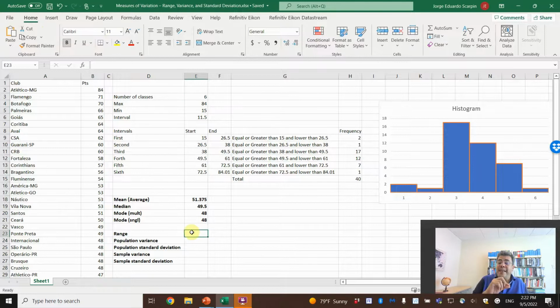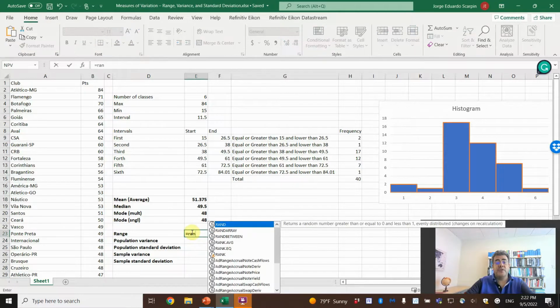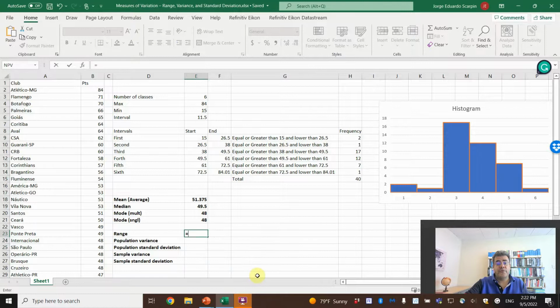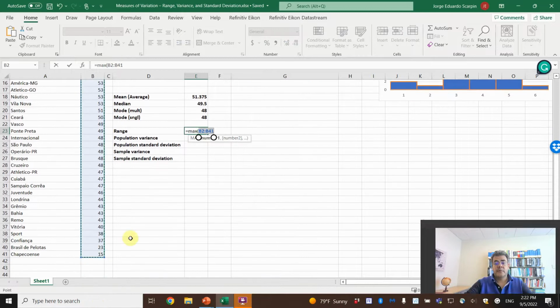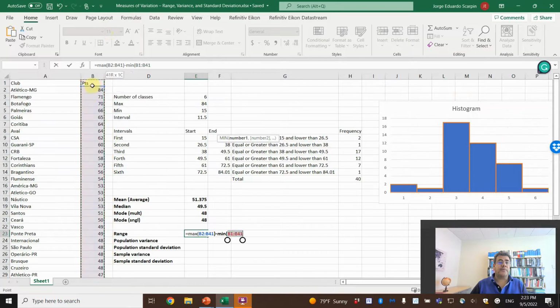There is no range formula in Excel. If we go here on range, there is no range here. So how do we do it? We go through the formula. It's equal to the maximum of these numbers here, parentheses, minus the minimum of the same numbers.